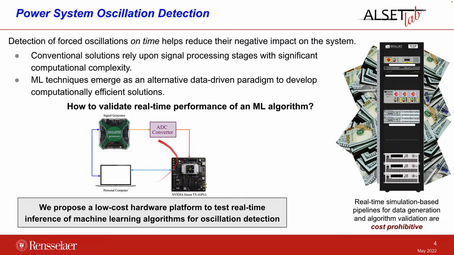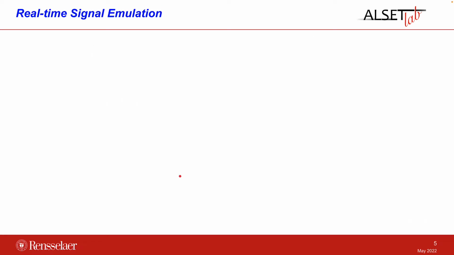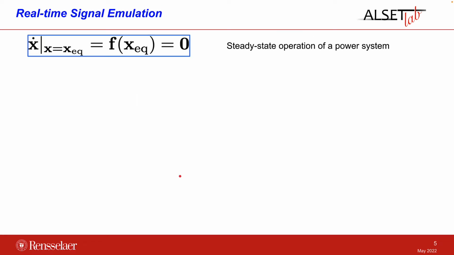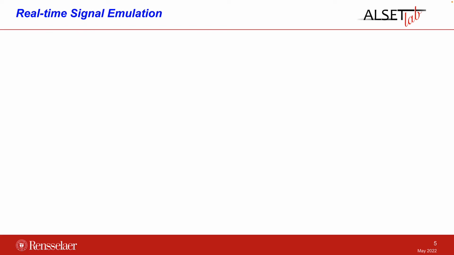This interconnection constitutes a platform that can be used, as we will see later, for validating the real-time performance of a deep learning-based oscillation detection algorithm, but can be expanded to validate other functions, as we will state later. So first of all, let's jump into the context of oscillation detection.